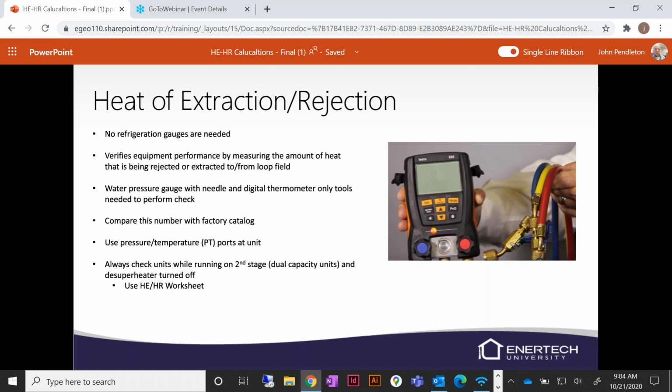I would recommend digital on both the pressure and the temperature gauges. Some of the smaller units have some pretty small pressure drops to figure out our flow, and it's a lot easier to see on a digital pressure gauge than it is with an analog type gauge.